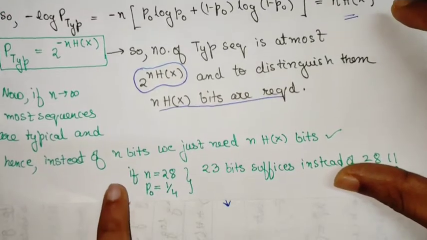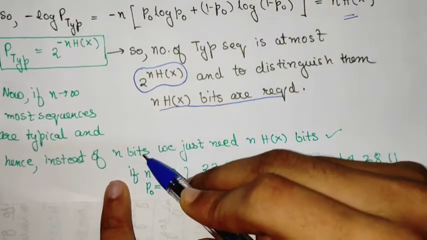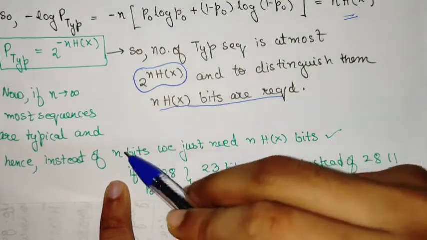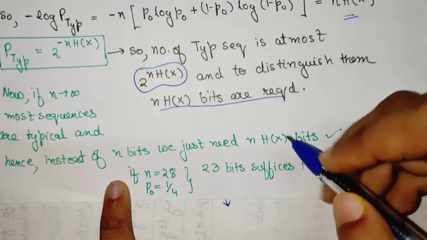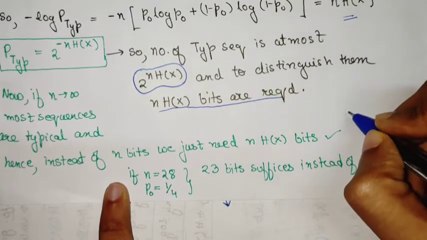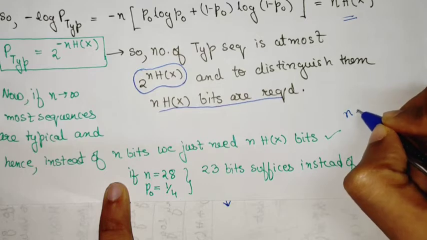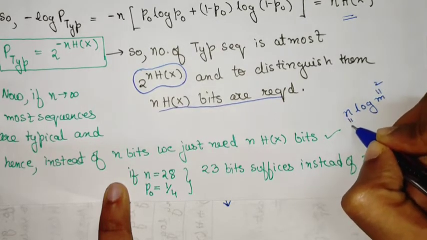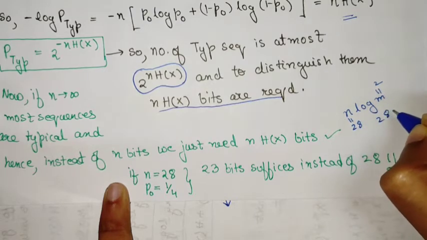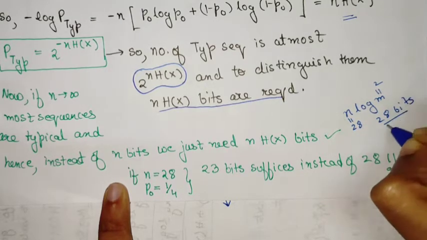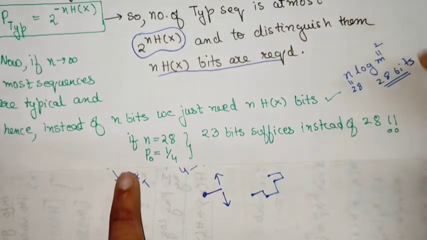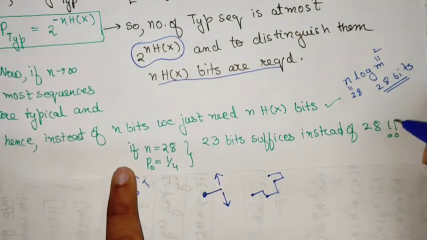In principle, for 28 trials and a binary distribution, you will require n times log m, where m is 2 and n is 28. So you will require 28 bits to store the path of the system. The entire path of the system, to store it, you will require 28 bits.